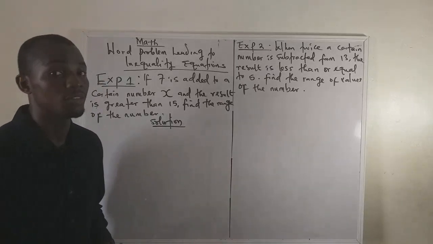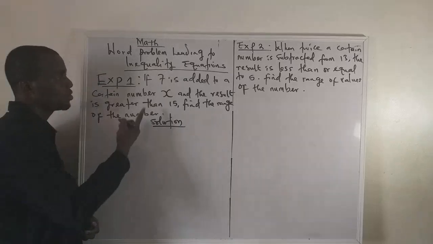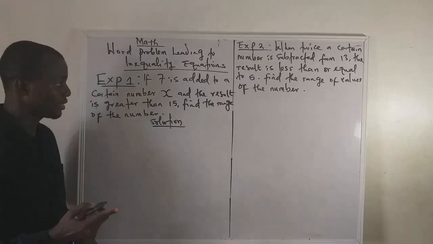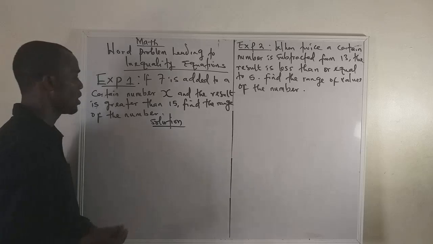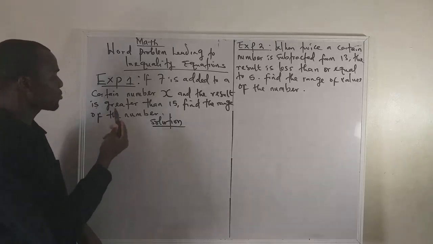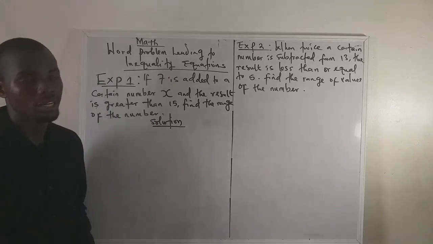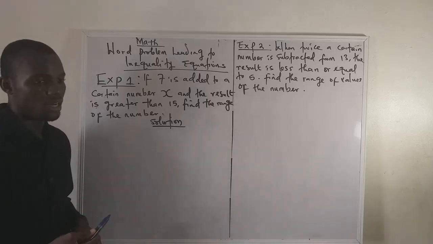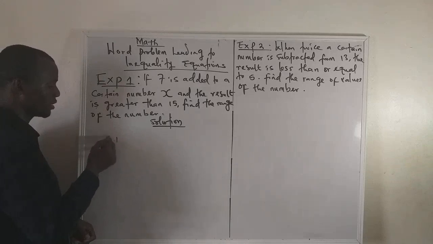So let's begin with the first question on the board. The question says, if 7 is added to a certain number x, and the result is greater than 15, find the range of the number. Again, let's take the question step by step. The number is x.